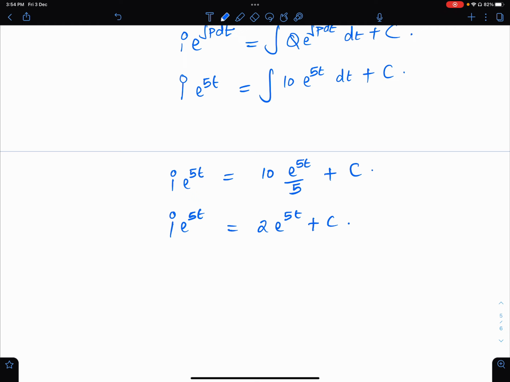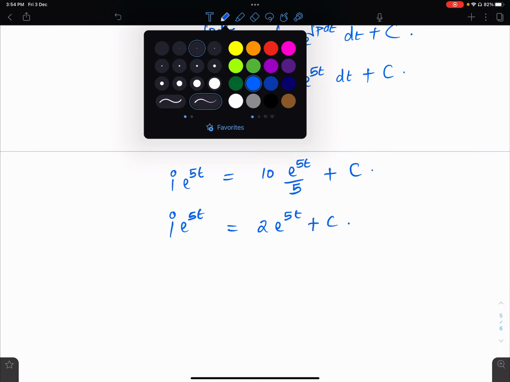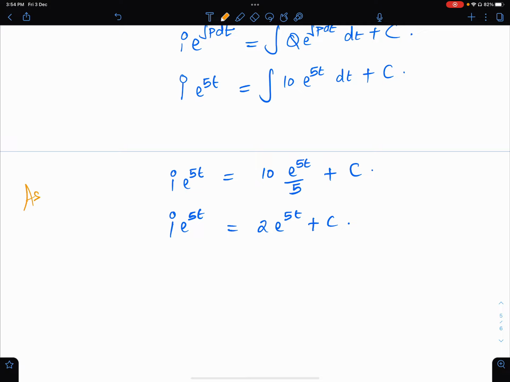But to find c, they don't give any condition here, so we can assume some condition. See how I am doing it. Assume that initially there is no current in the circuit.